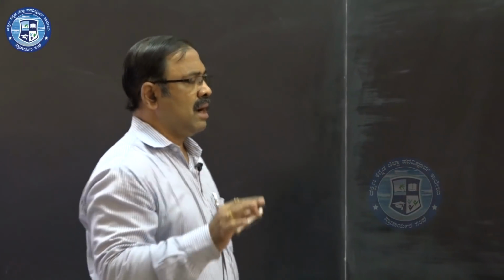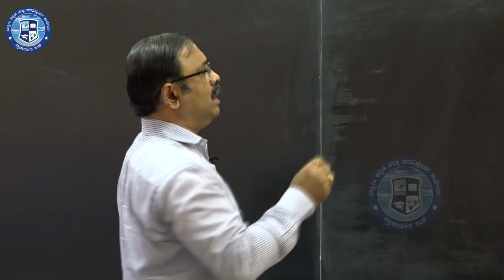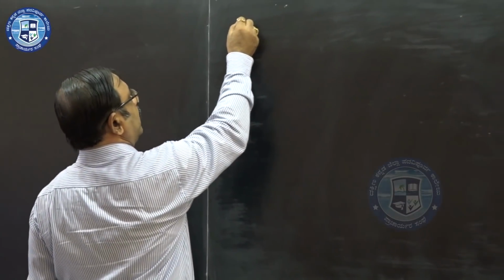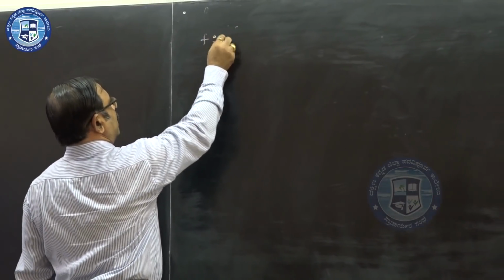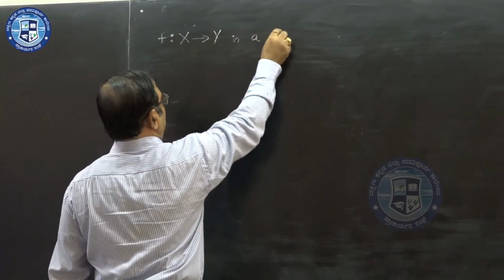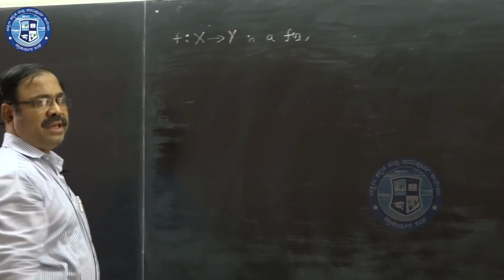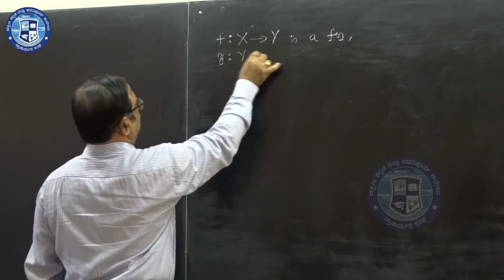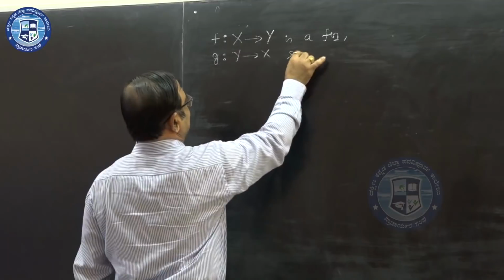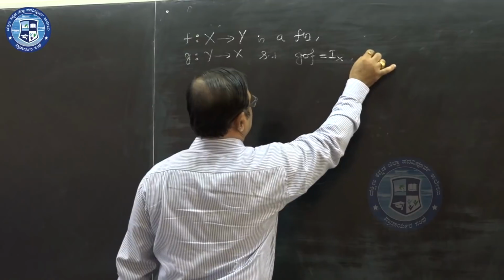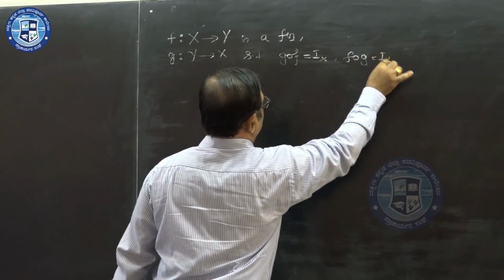I have already explained this invertible function. Just to recall, a function f from X to Y is said to be invertible if there exists a function g from Y to X such that g composite f equals I_X and f composite g equals I_Y.